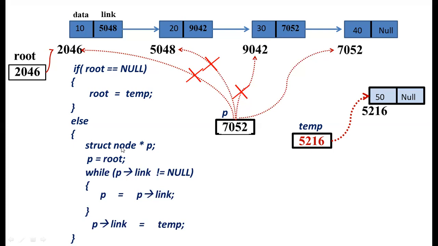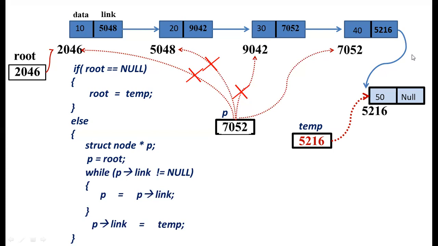What is the temp value? The temp value is 5216. That 5216 value we need to store to P to link. P is the 7052 address, so P to link is this, and this value needs to be stored with the temp value, that is 5216. So the pointer will be pointing to this address now. Understood?